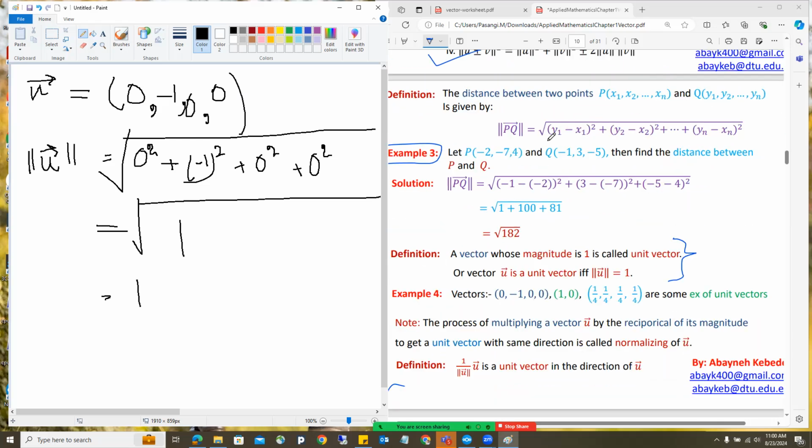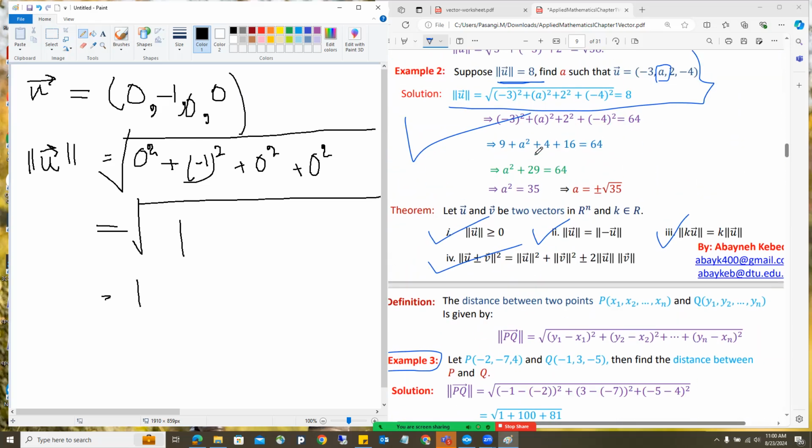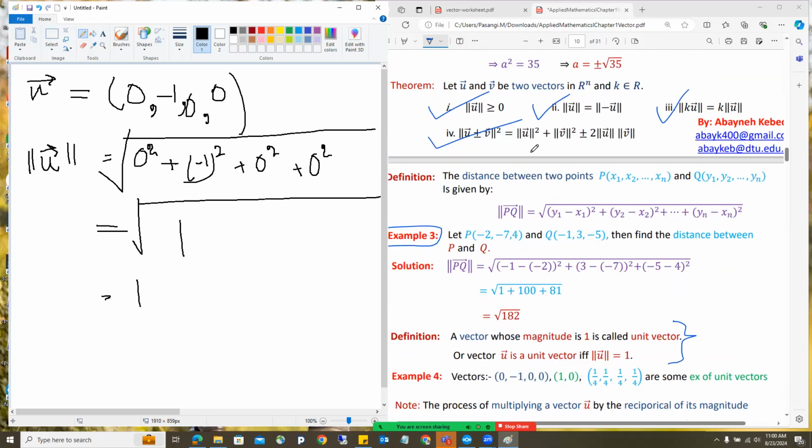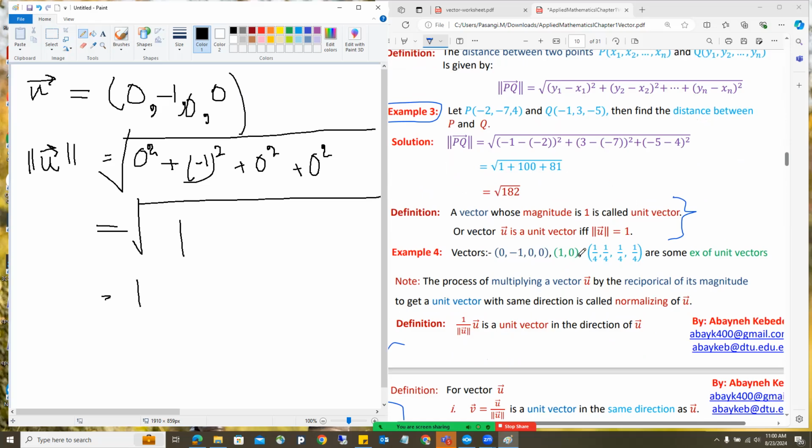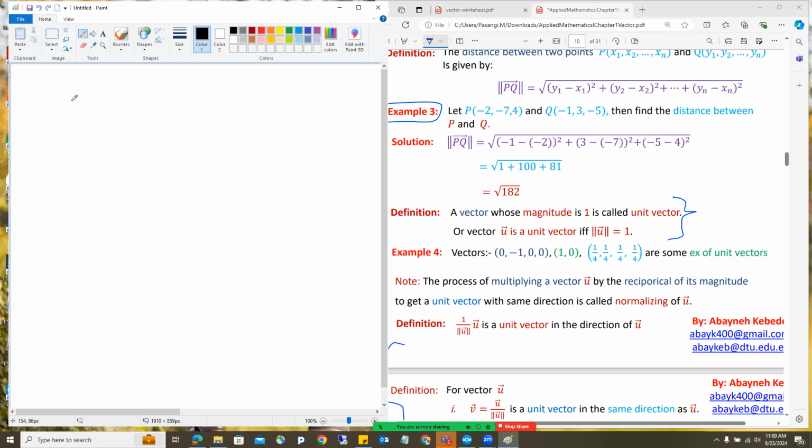Is it clear? Yes. Now for the fourth example, we have 1 comma 0. That is two-dimensional because we have only two components there. Let's assume vector u equals 1 comma 0.